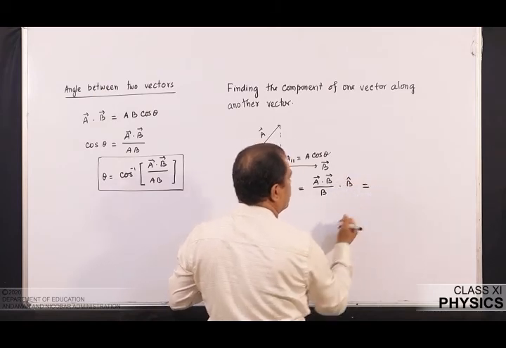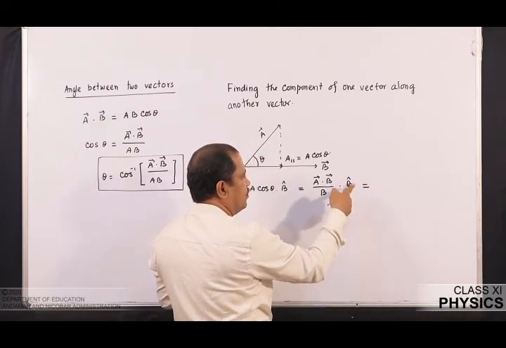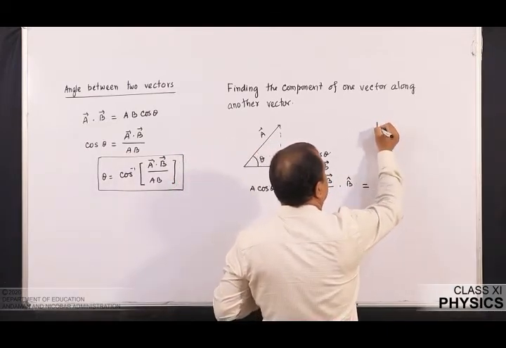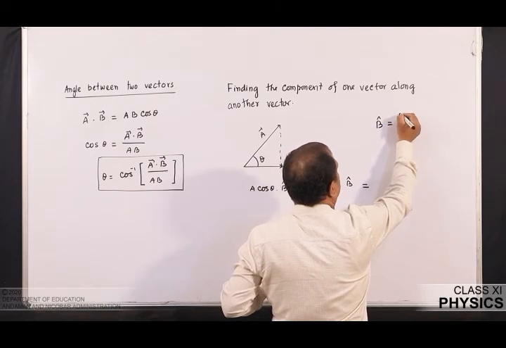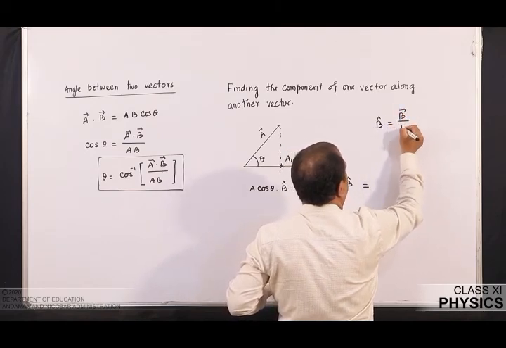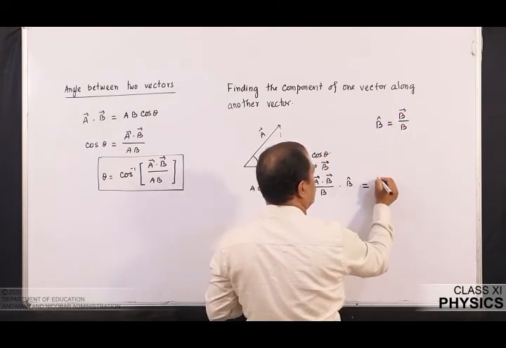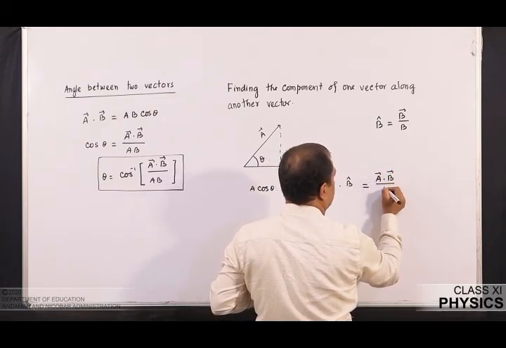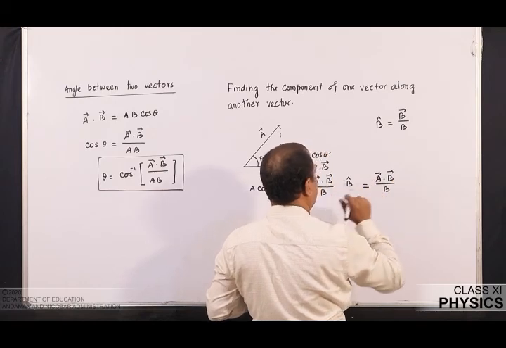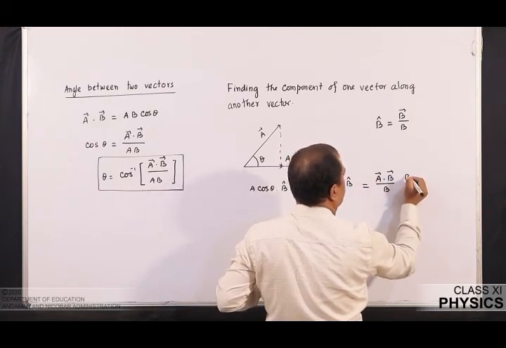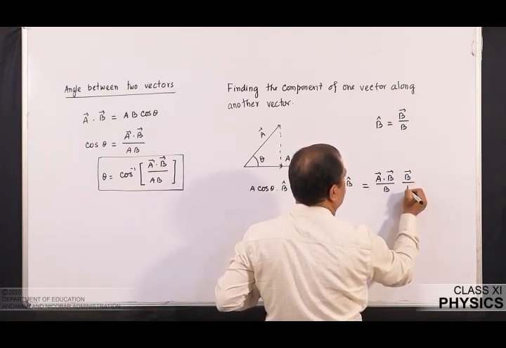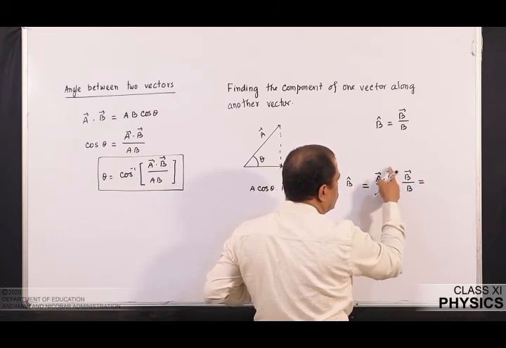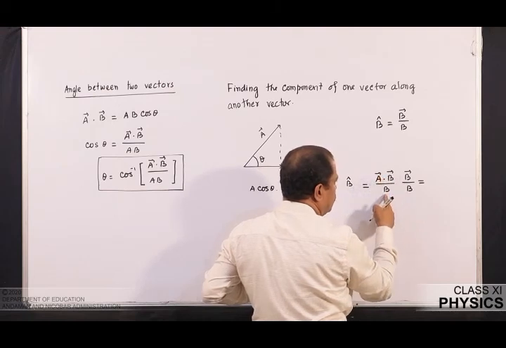In the previous classes we have studied that the unit vector of a vector can be written as the vector divided by its magnitude. I am going to replace this one. So I have A dot B upon B into vector B upon B. This A dot B is a dot product, so it is a scalar, and the denominator is a scalar too.